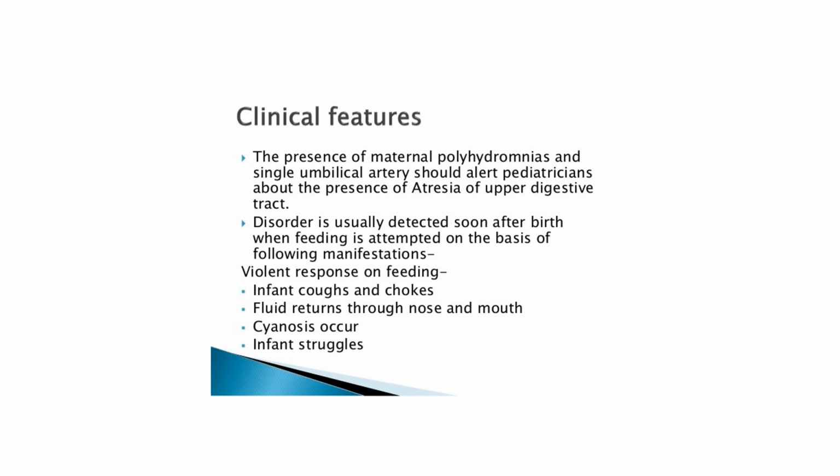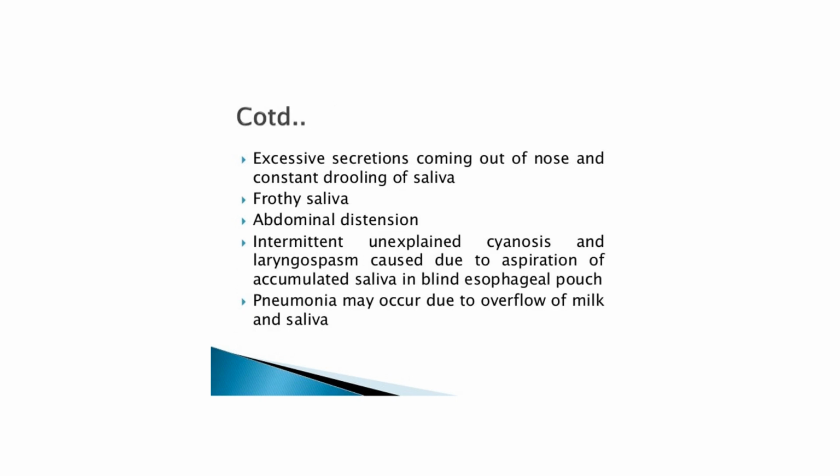What are the clinical features that point to the child having TEF? There will be signs and symptoms of severe choking, fluid will be returned from the nose and mouth, and cyanosis will be seen in the baby's body.